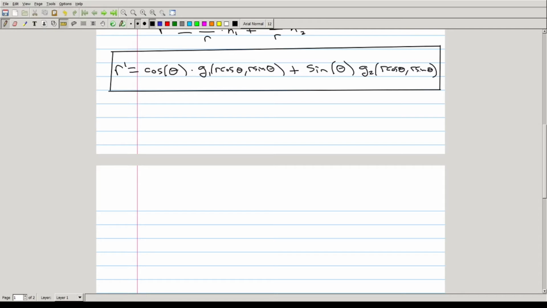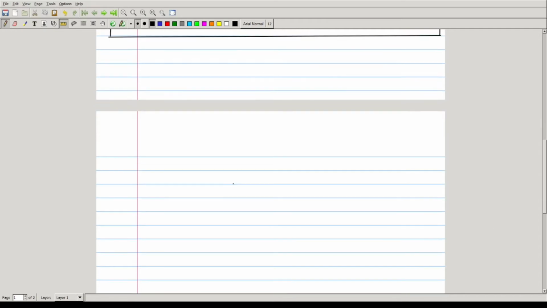And so, first we recognize that the angle theta is related to x and y through the tangent function, which is just, should be other way around, y over x.